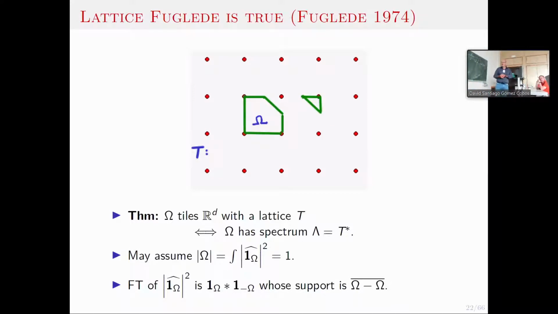Therefore, the vanishing set is outside this. So if you call this function f, little f, then this is f hat. And where does f hat vanish? Outside omega minus omega.